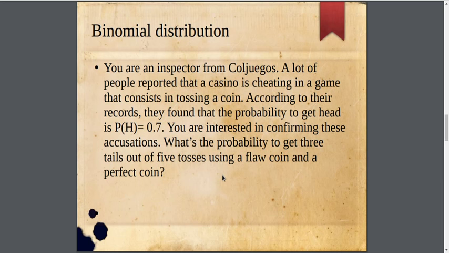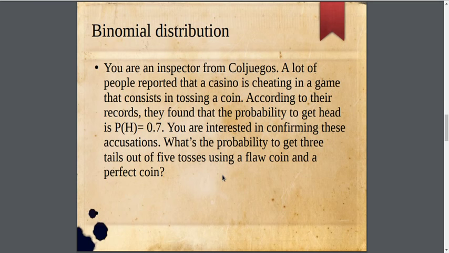Let's say that you are an inspector from Coljuegos, and a lot of people reported that a casino is cheating in a game that consists in tossing a coin. According to their records, they found that the probability to get head is 0.7, and you are interested in confirming these accusations.